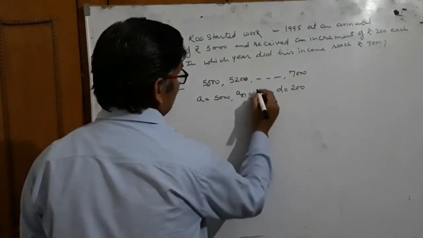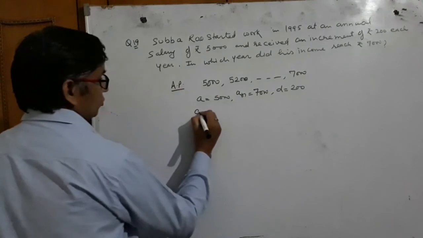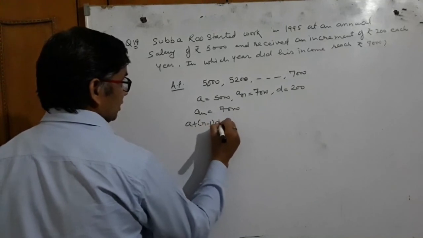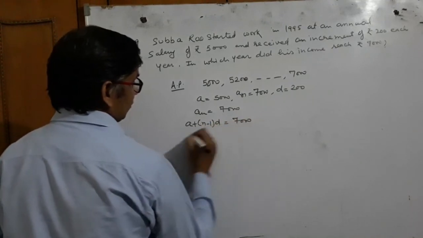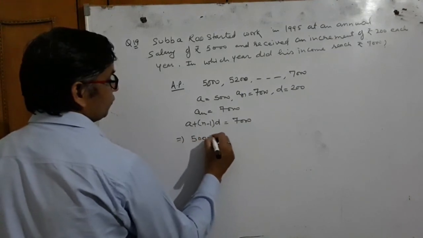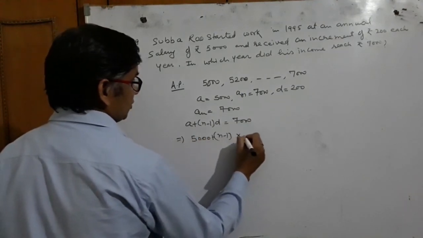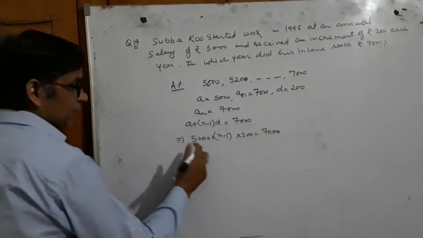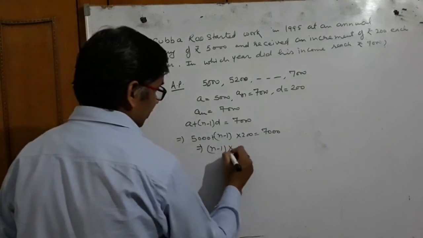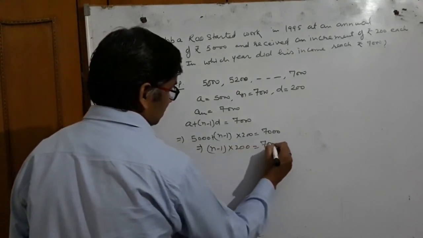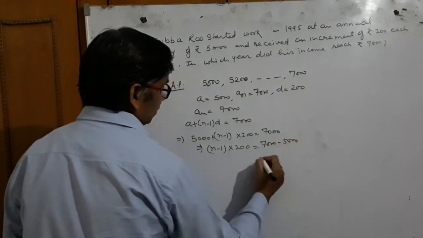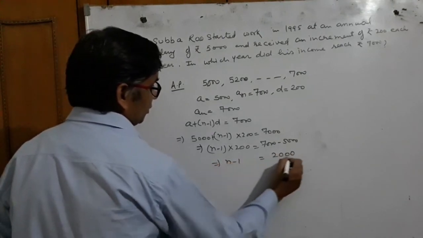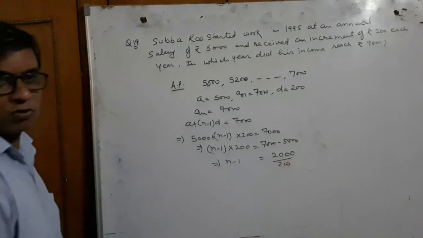an is 7000, sorry. an equals to 7000 means a plus n minus 1 into d equals to 7000. a is 5000, we have to find n. d is 200 equals to 7000. शिफ्ट करें 5000 को, n minus 1 into 200 equals to 7000 minus 5000. 7000 minus 5000 is 2000. n minus 1 equals to 2000 upon 200.